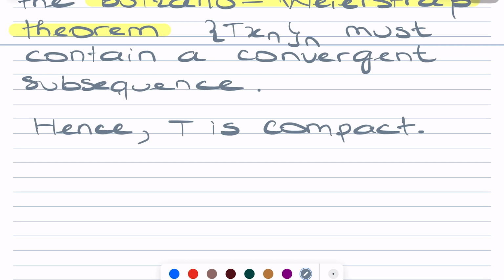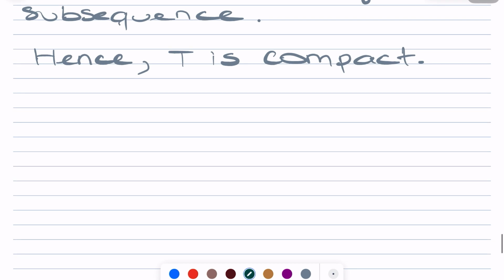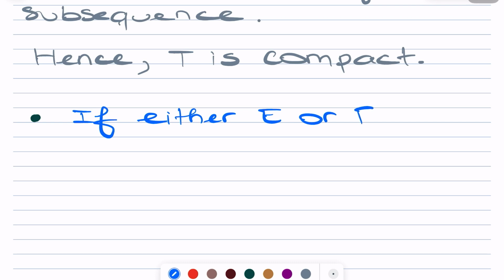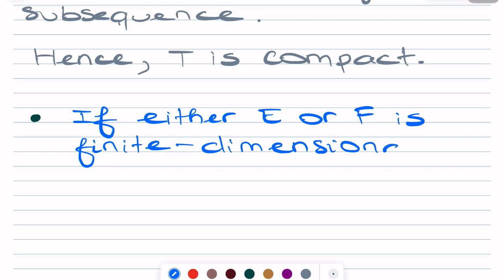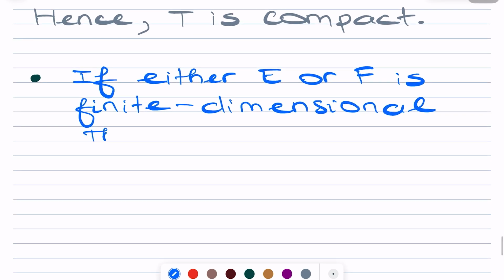Okay, so we can even derive some further properties from that. If either E or the codomain F is finite dimensional, then T is a compact operator.